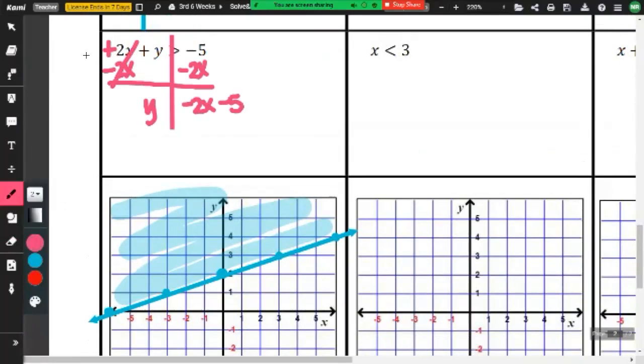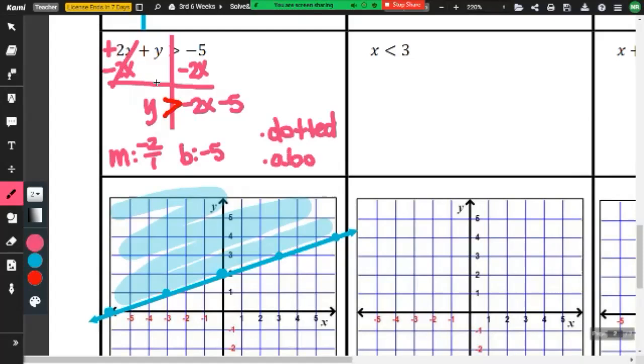There's no dividing involved, so my inequality is going to stay the same. Now my slope is going to be -2/1. My y-intercept, -5. There's no line under it, so it will be a dotted line. And we're going to shade. It's greater, so we're going to shade above as well.